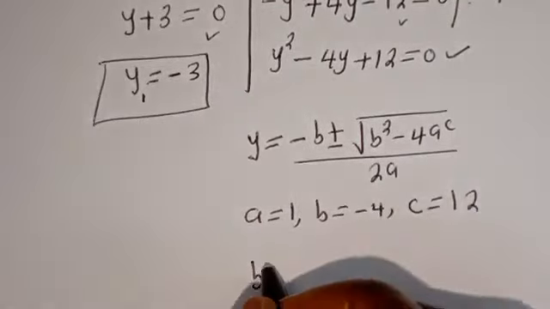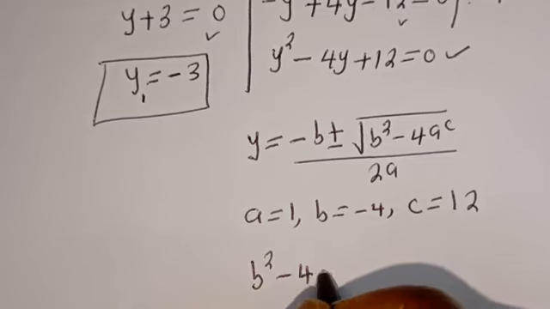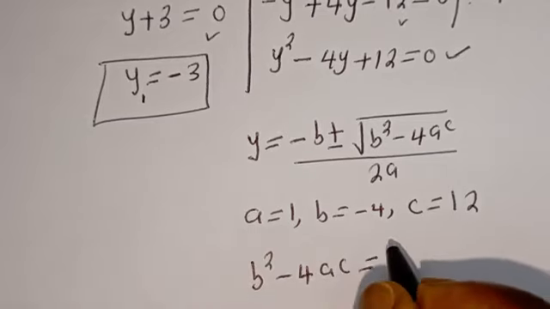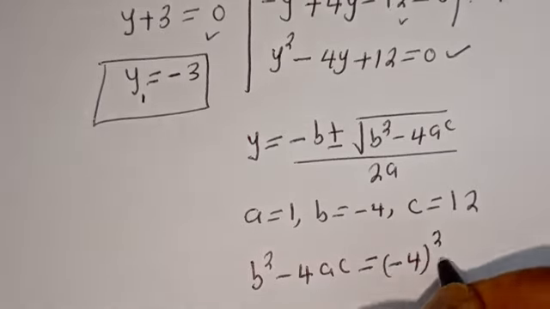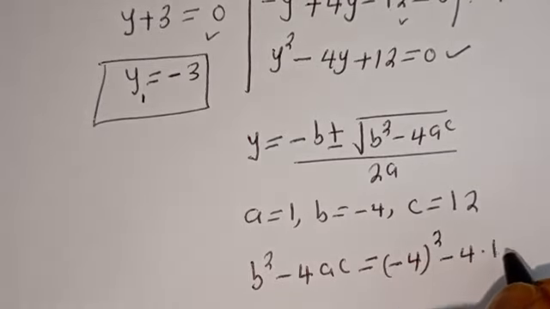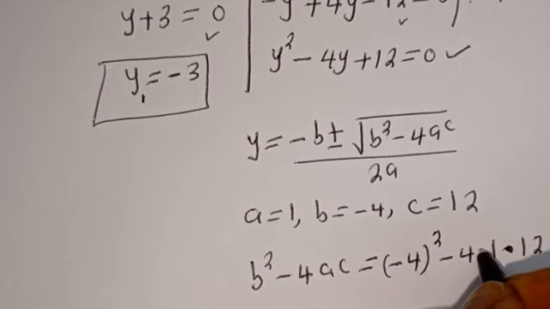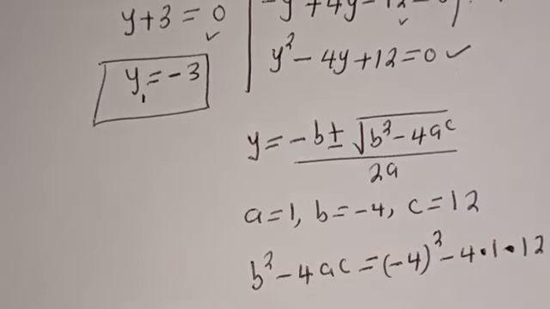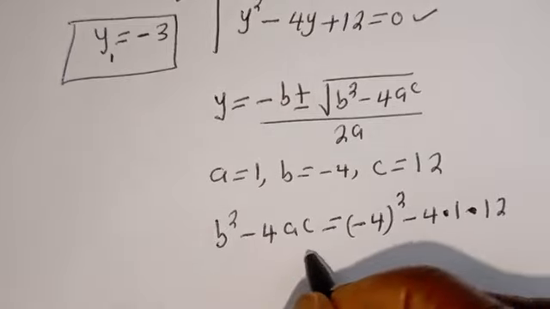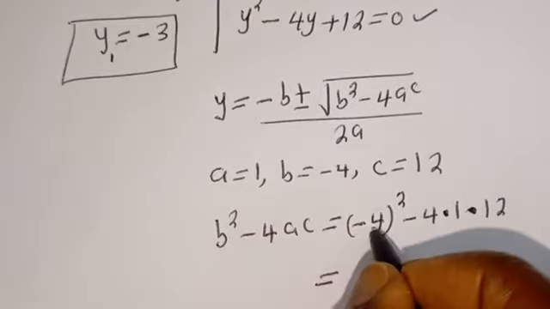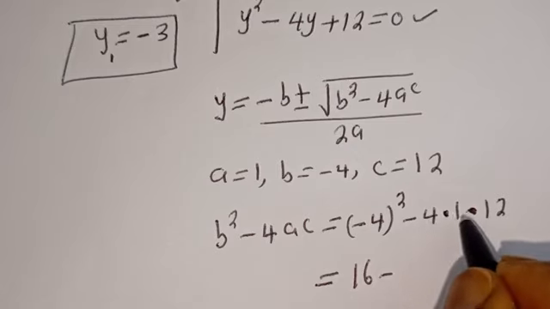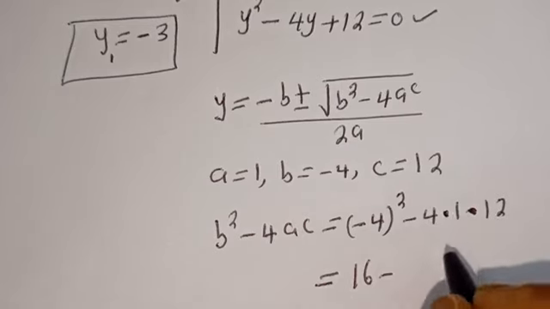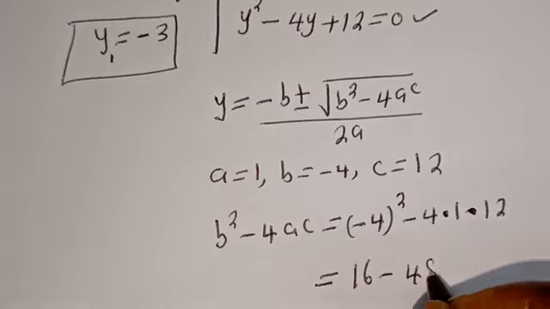We have b square minus 4ac is equal to minus 4 square minus 4 multiplied by 1 multiplied by 12. This is equal to 16 minus 4 multiplied by 1 multiplied by 12, that is 48.